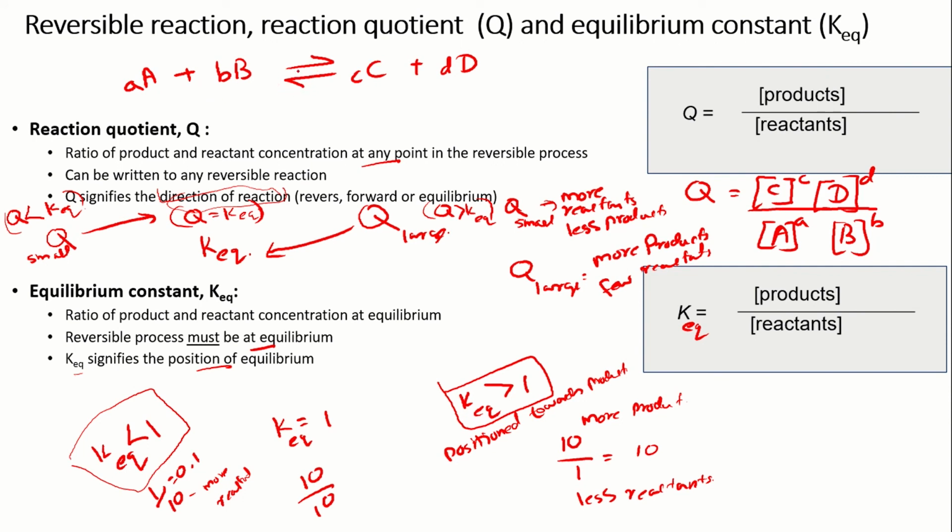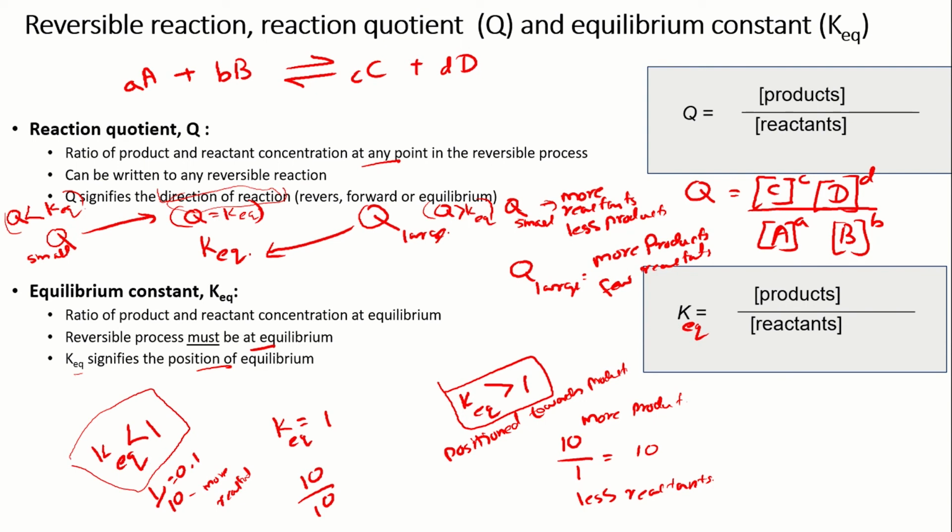In other words, when the forward and reverse reaction rates are equal, if you have more reactants, your equilibrium constant will be less than 1. When the forward and reverse reaction rates are equal, if you have more products, then your equilibrium constant signifies that you have more products at equilibrium.